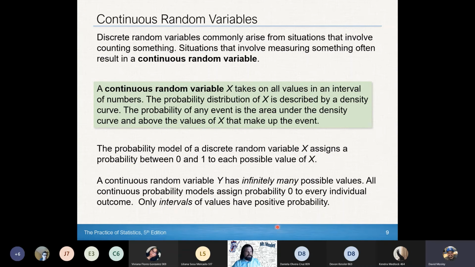Only intervals of values have positive probability, because then we have a width. Are there any questions about this so far? Okay. Does anyone need a moment to write anything down? Okay.